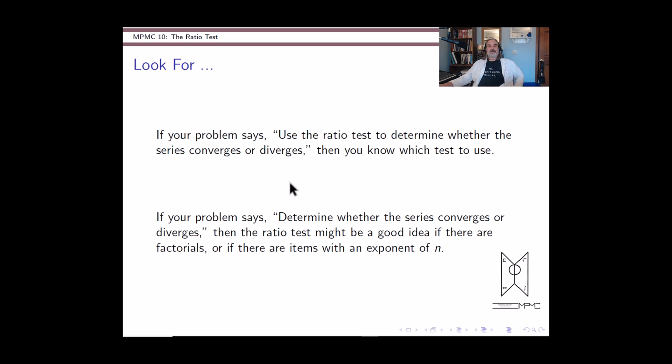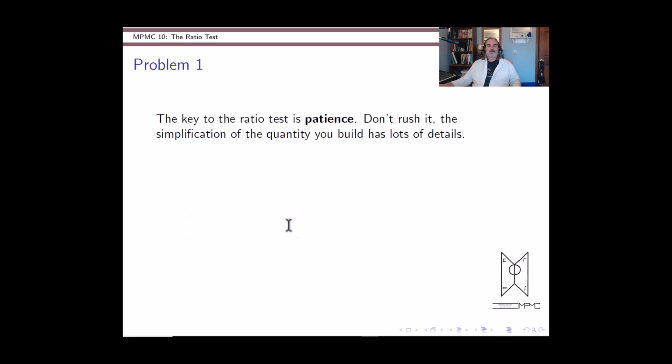If there are factorials in the series recipe, the ratio test is a good candidate. If there are individual items in the series recipe that are raised to a power n, or maybe n plus 1 or n minus 1 or things like that, that might be a sign that the ratio test is useful. If the entire series term as a whole is raised to the nth power, then you might want to consider the root test. That's a whole other thing.